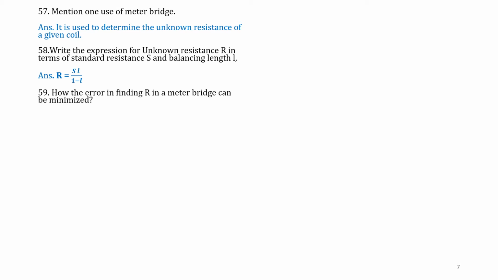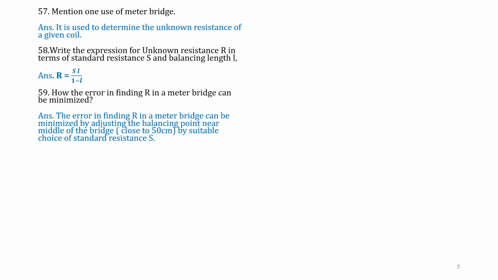Question number 59. How can the error in finding R in a meter bridge be minimized? That means this question asks how to reduce the error in measuring R. Answer. The error in finding R in a meter bridge can be minimized by adjusting the balance point near the middle of the bridge, that is close to 50 centimeters, by suitable choice of standard resistance.